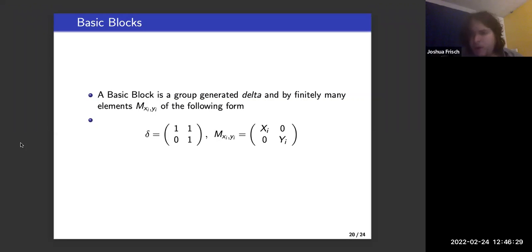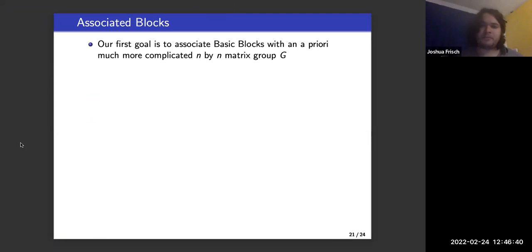But before I do that, I want to bring up why I'm really doing it. And the point is, you can really reduce the n by n case to this 2 by 2 case. So n by n matrix groups, like upper triangular groups, are actually pretty complicated.